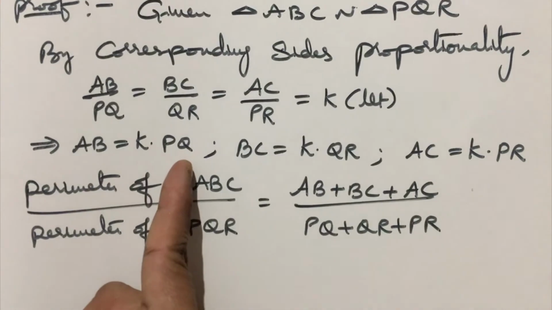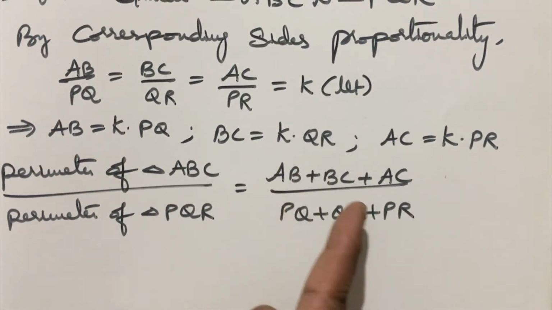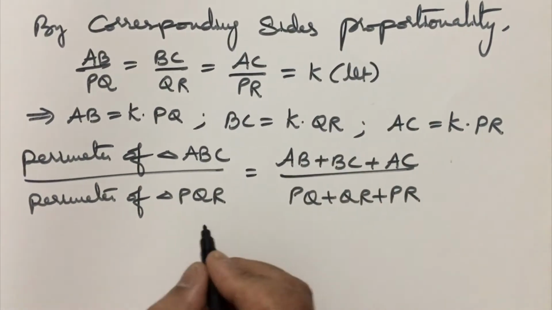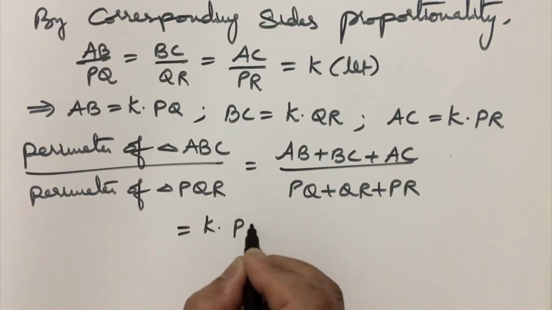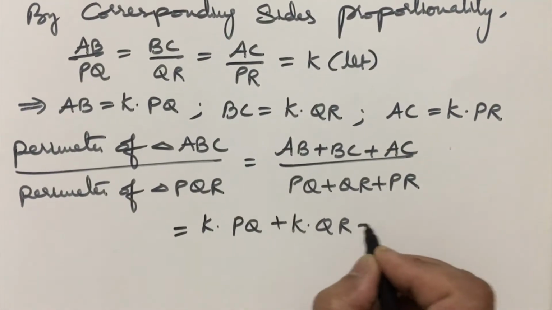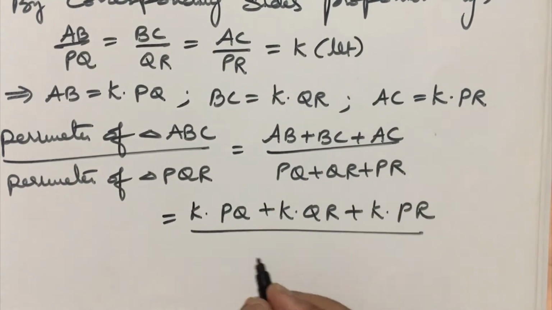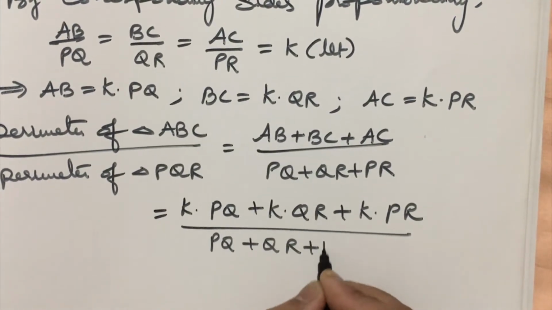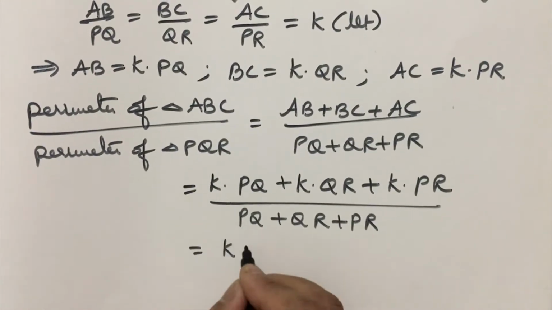K times PQ. And BC value is K times QR. And AC is K times PR. So I am writing it in this place, right? This is equal to K times PQ plus K times QR plus K times PR divided by PQ plus QR plus PR. This is equal to, K taken common.